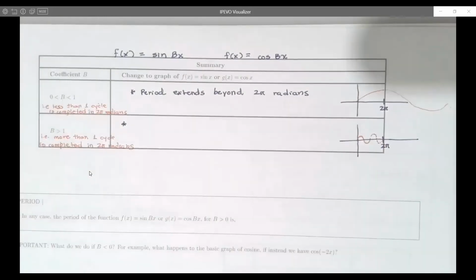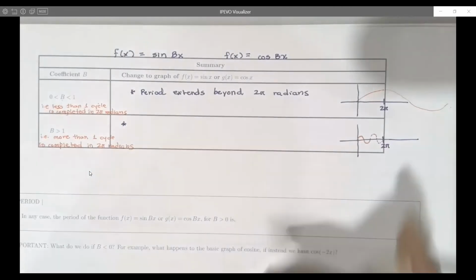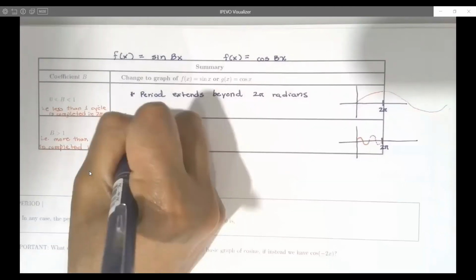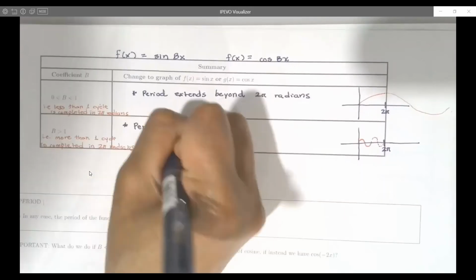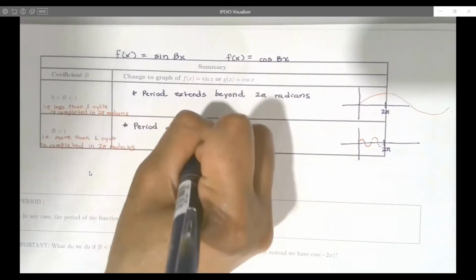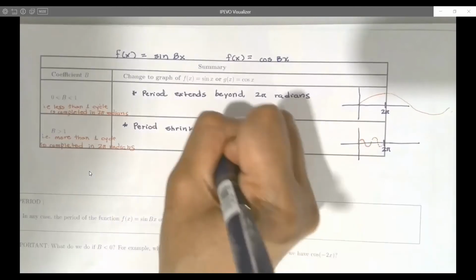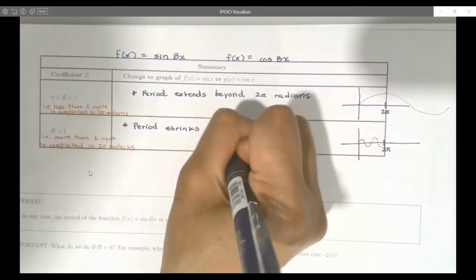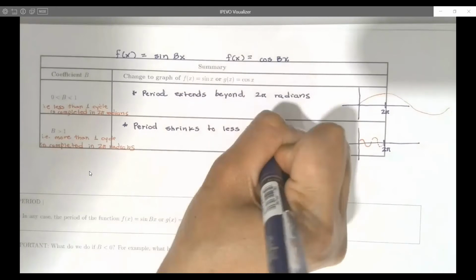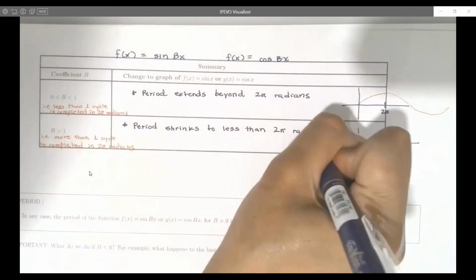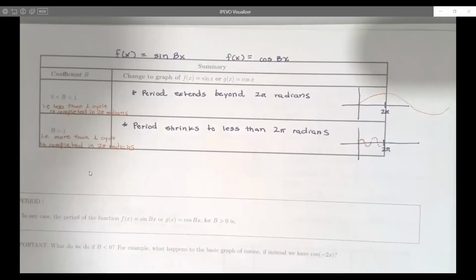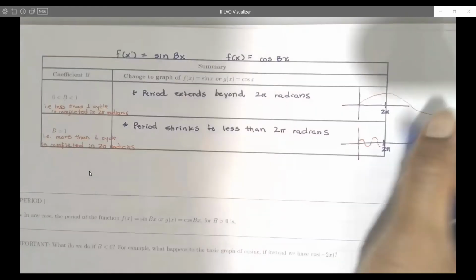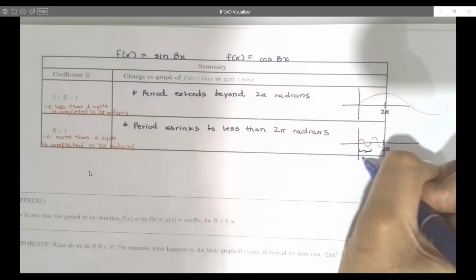If we're completing more than one cycle, what does that mean about the period? It's shorter, yeah, it's going to be smaller than 2 pi. So the period shrinks to less than 2 pi radians. Now the period is something like, let's say, pi. That would be our period.